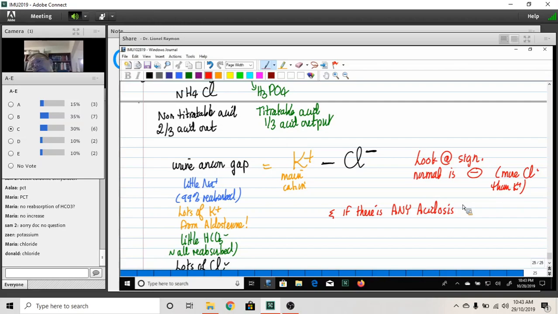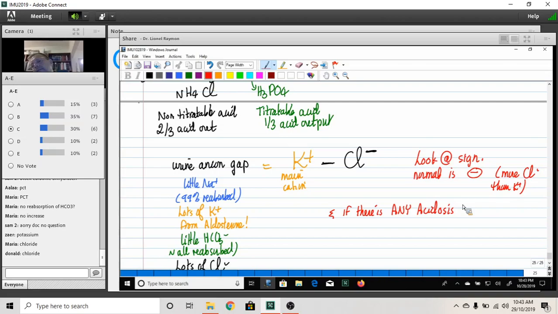Less ammonium chloride produced. There's less protons to exchange with potassium.